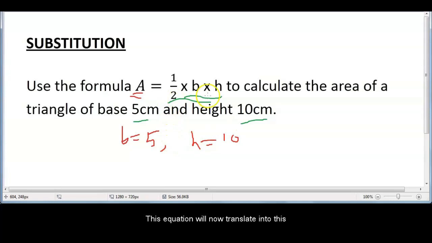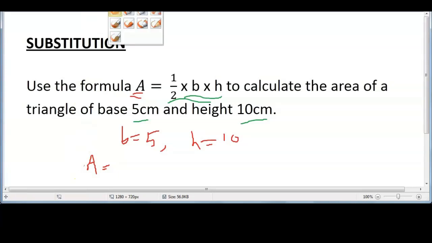This equation will now translate into this: a is equals to half multiplied by 5 multiplied by 10.